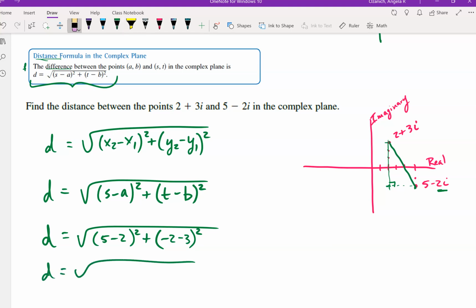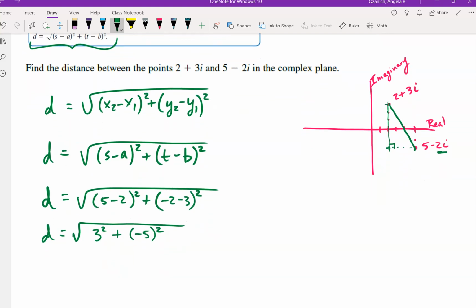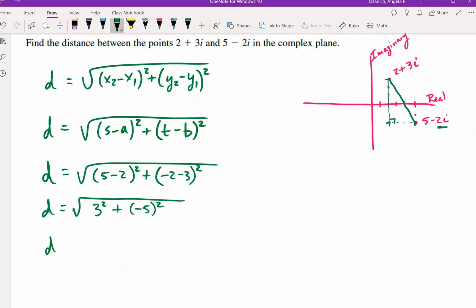So it looks like we have 3 squared plus negative 5 squared, which is 9 plus 25. So our distance is equal to the square root of 34. That cannot be simplified, so that is your final distance between those two complex numbers.